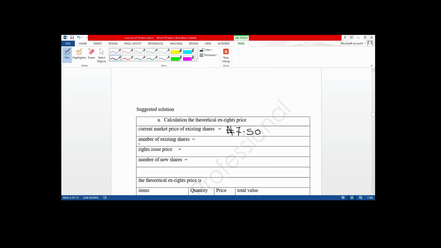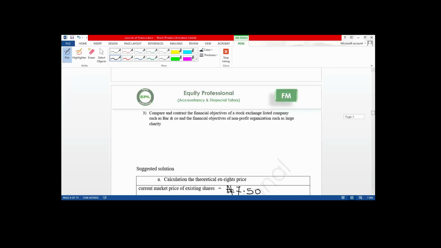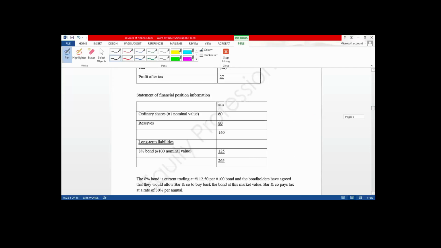Next, number of existing shares. How many shares do we have in existence currently? 60 million. Thank you. Look at it. Ordinary shares, nominal value 1 naira, total amount 60 million.